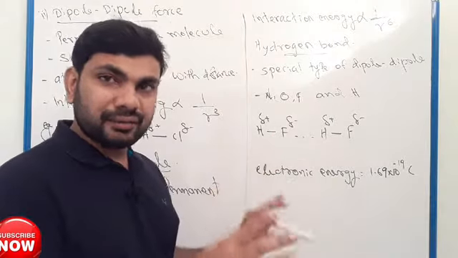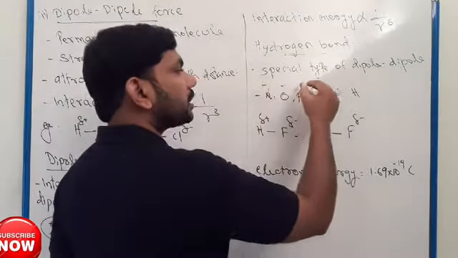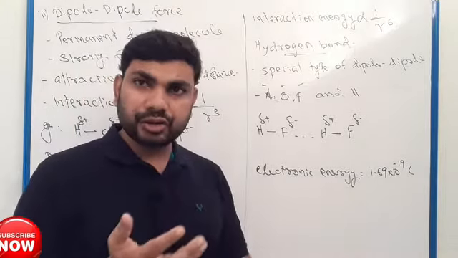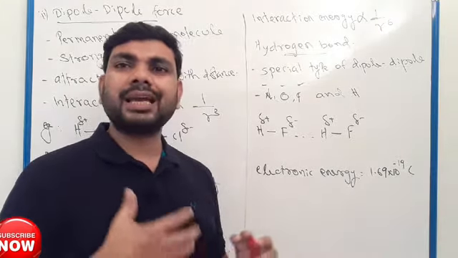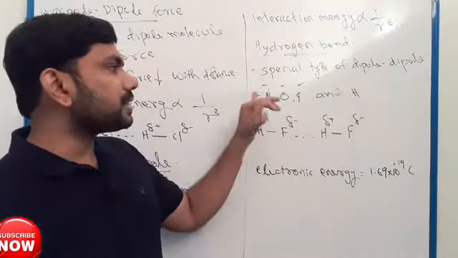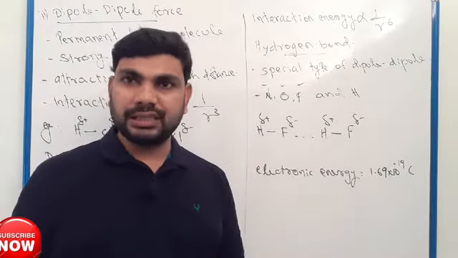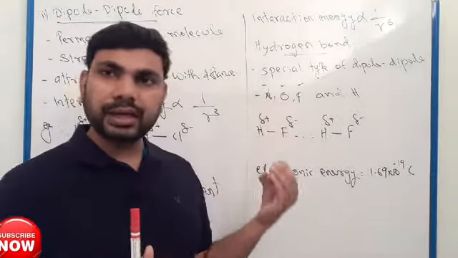Here the only difference is nitrogen, oxygen, and fluorine. Negatively charged nitrogen, oxygen, fluorine will interact with the electropositive hydrogen atom. Here we choose nitrogen, oxygen, fluorine because they have higher electronegativity.